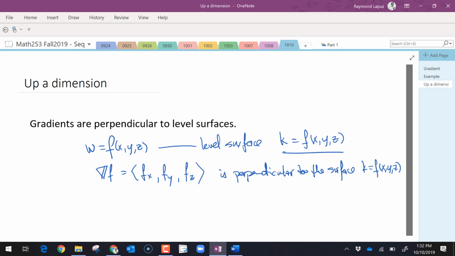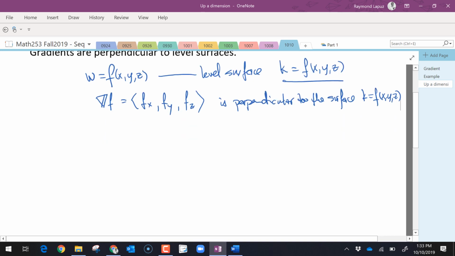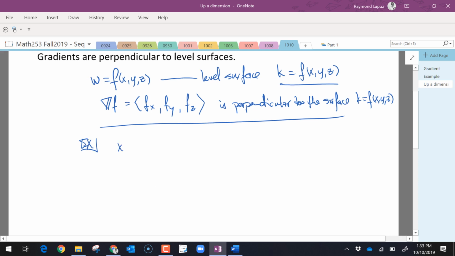So, what does this mean? This means now if we have a funky surface, or a normal surface, a regular surface, like what does this surface look like?